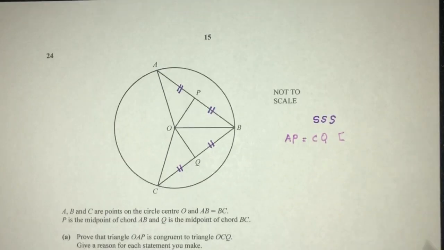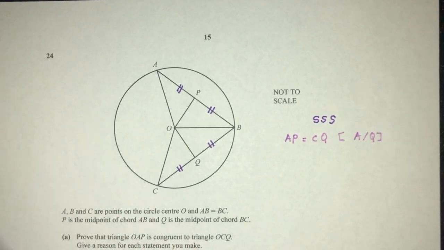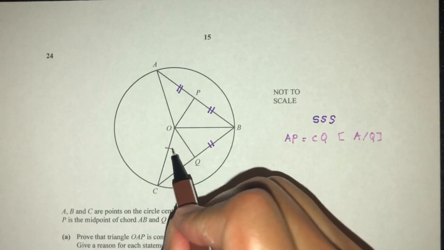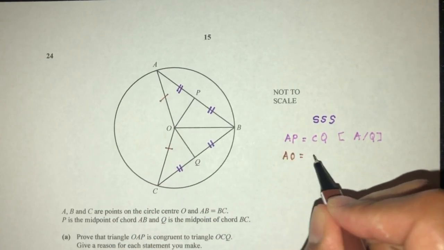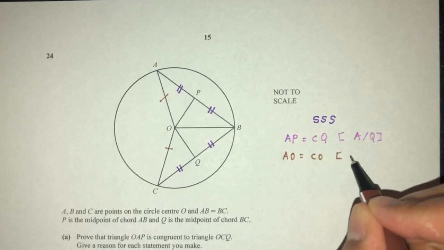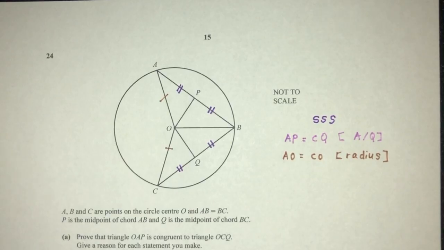It is given by the question. That's the first one. Now, obviously, this one has to be the same as this one, which is AO has to be CO, because it is the radius of the circle. And let's see if we can find another way as well. It could be easier, but let's see what else we need to find.